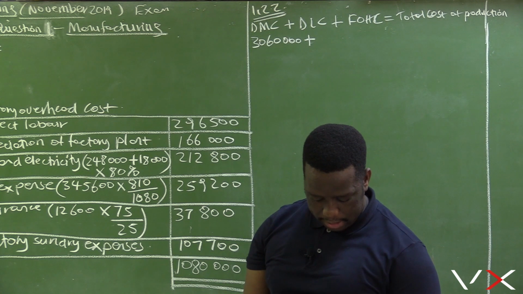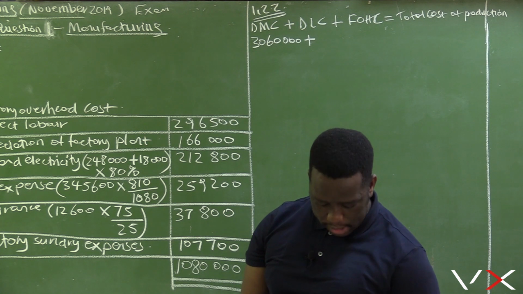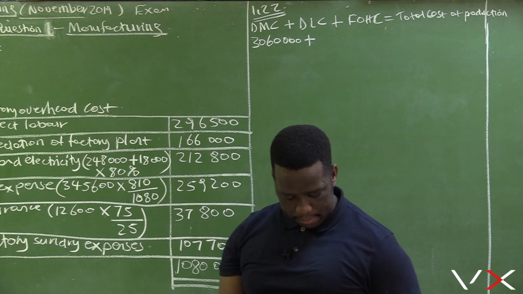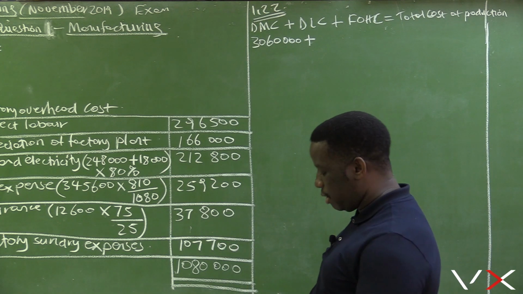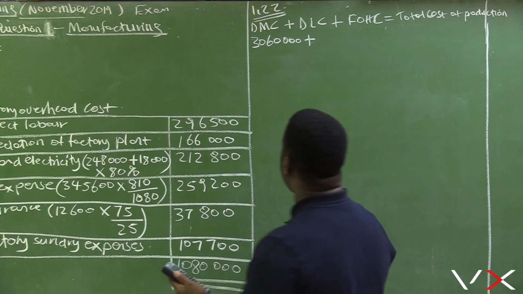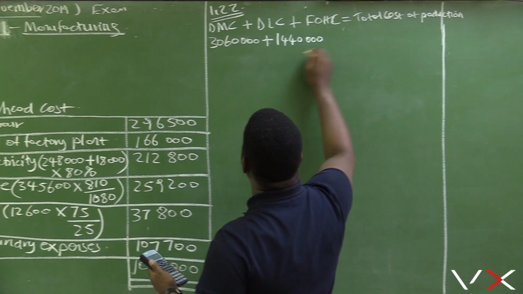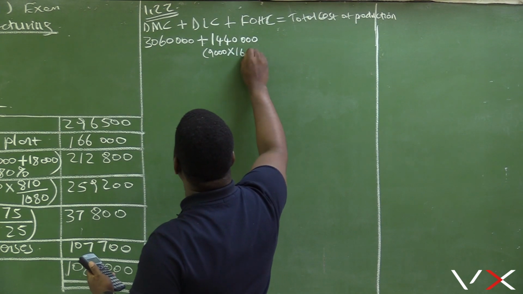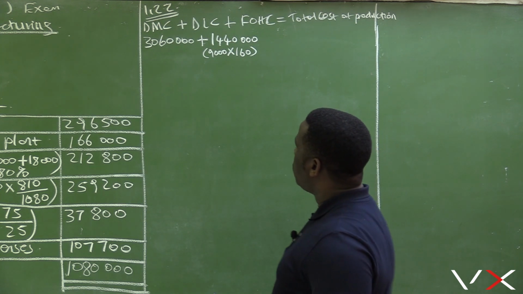Because we have the number of units produced, which is 9,000 desks, we multiply 160 by 9,000 to get the direct labor cost, which is 1,440,000.